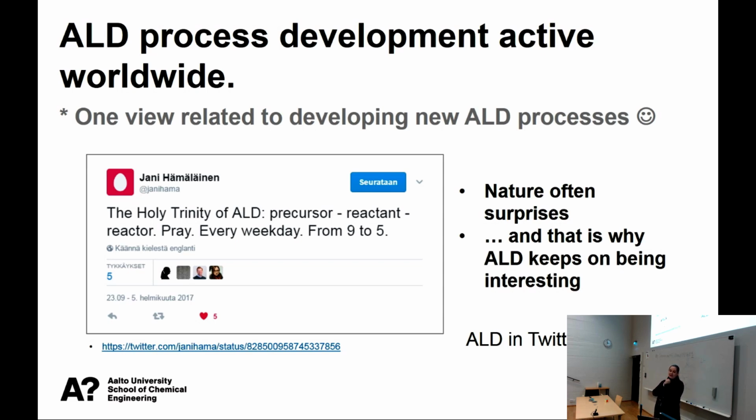I guess that I can interpret from here that they have experienced the same as I have many times, that nature often surprises. And that's why this whole thing keeps on being interesting. I have now 20 years of ALD career, and I think that if we would always know in advance what happens, I would have changed the field already.